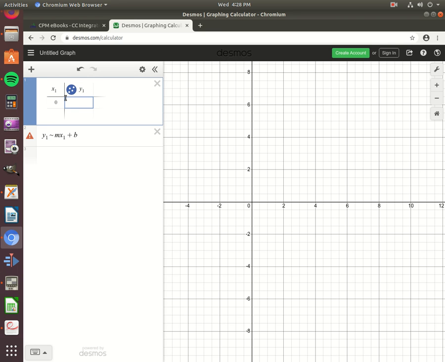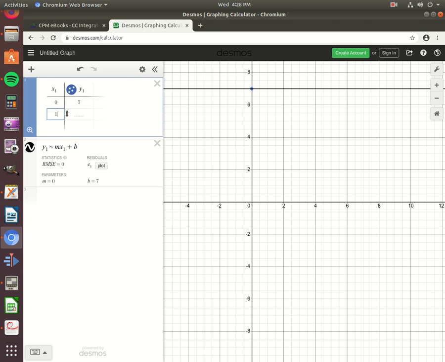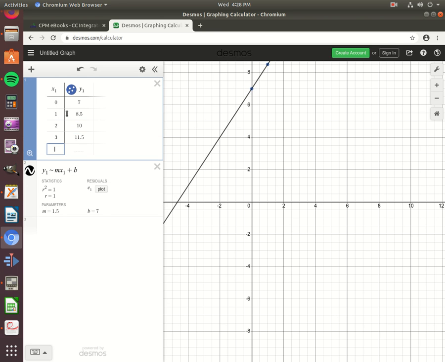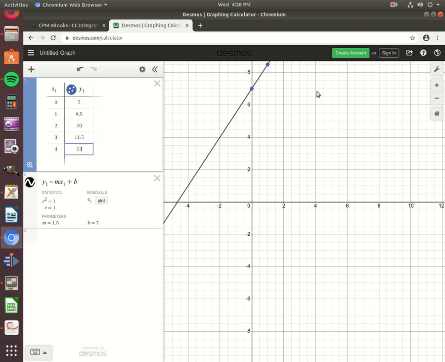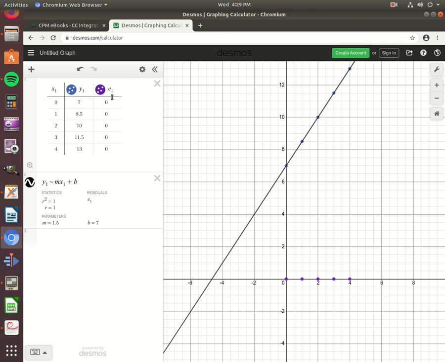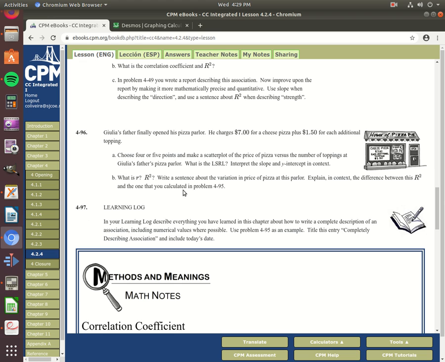So again, I have 0, 7, 1 was 8.50, 2 was 10, 3 was 11.50, 4 was 13. And again, you can see perfect correlation. y equals 1.5x plus 7, positive and strong. 100% of output is associated with input. And my plot is perfect. So I kind of ran through that last one, but again, we expected to see that.